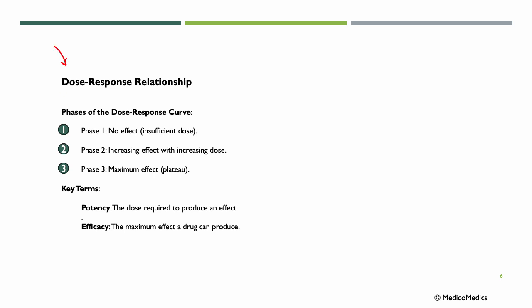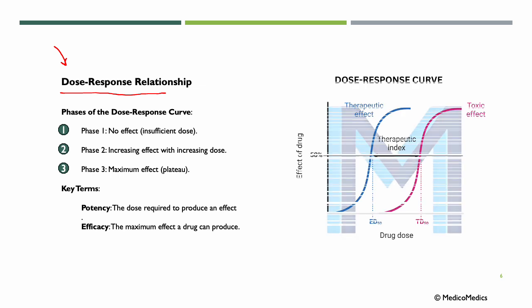Now we arrive at dose-response relationship. Now, the dose-response relationship describes how a drug's effect changes with increasing doses and is typically illustrated in 3 phases. So, phase 1 shows little to no effect due to subtherapeutic dosing.